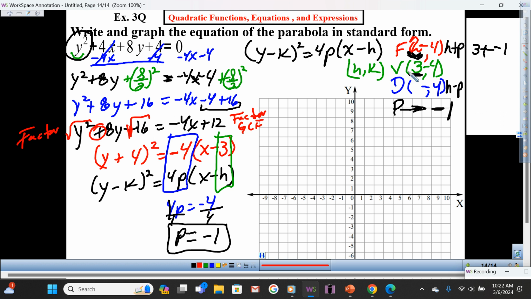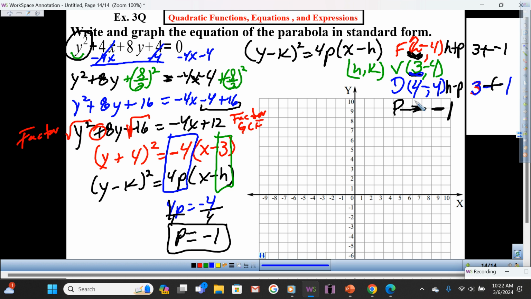Then 3, because that's H, minus P. What is P? Negative 1. So what is 3 minus negative 1? This becomes a positive, so this is 4.